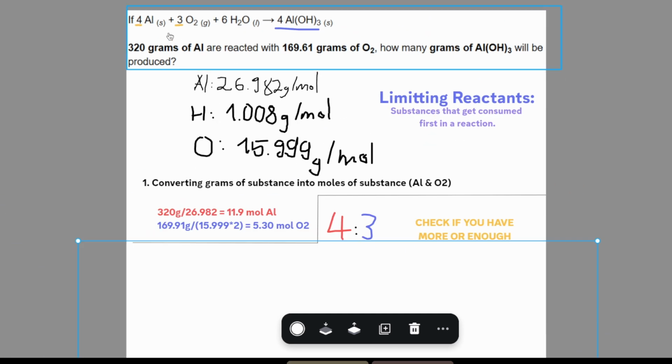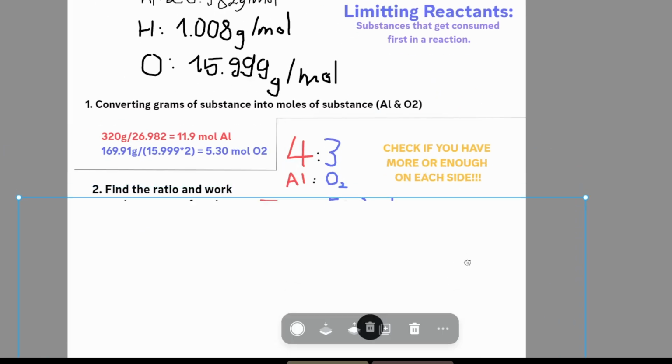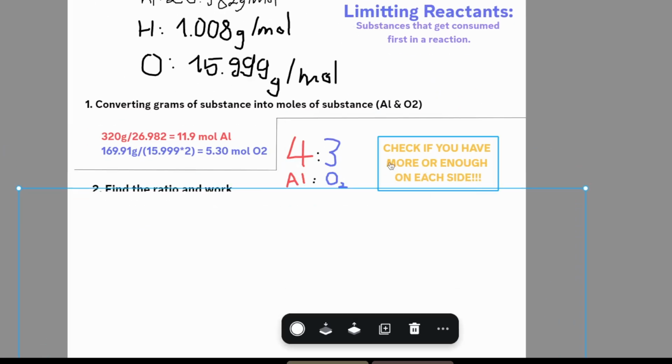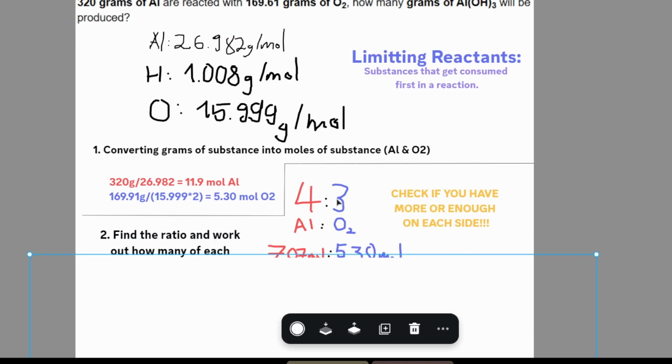So again, the ratio is 4 to 3 for oxygen to aluminum, and you want to check if you have enough on each side. So you always take the smallest amount that they give you, which in this case is oxygen gas, 5.03 moles. You check that first and put that as the number 3.